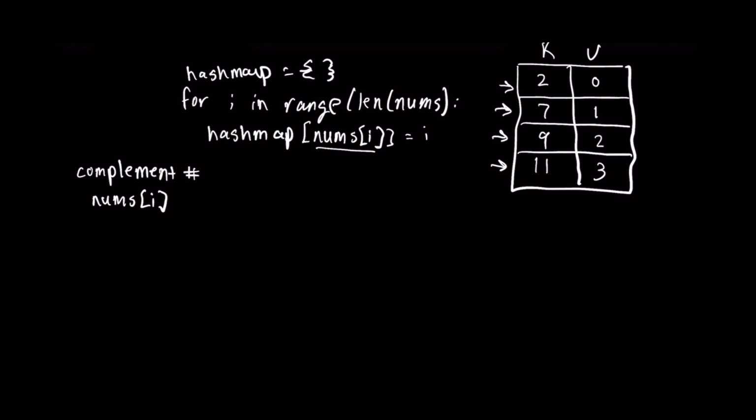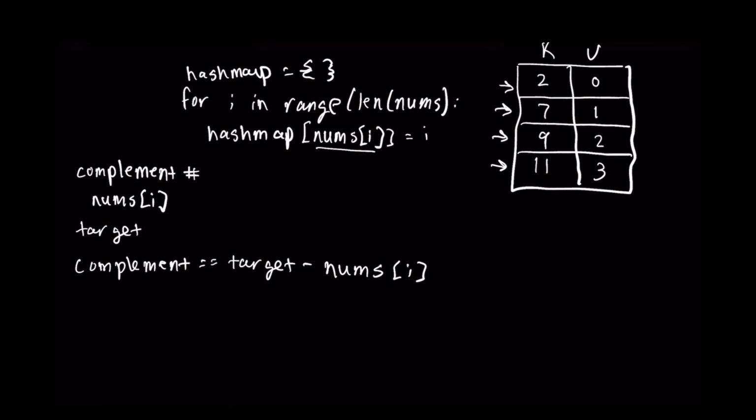So mathematically, when we write that out, and we're trying to find a complement number to nums[i] that's equal to our target, we can basically say our complement is equal to our target minus nums[i].